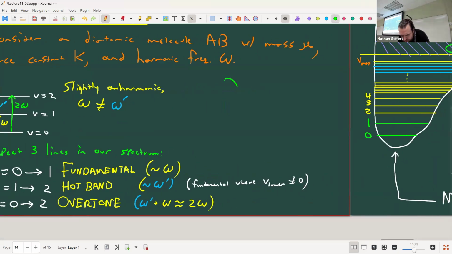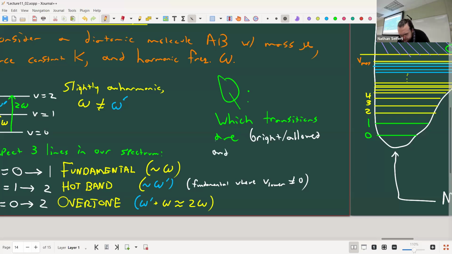So the question I have is, which transitions are what we call bright or allowed, and which are dark or forbidden, depending on who you talk to.